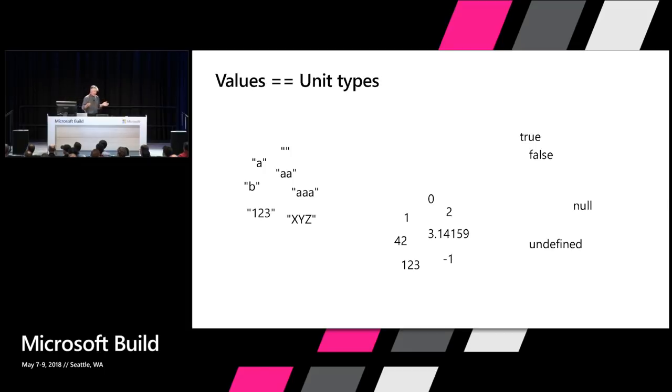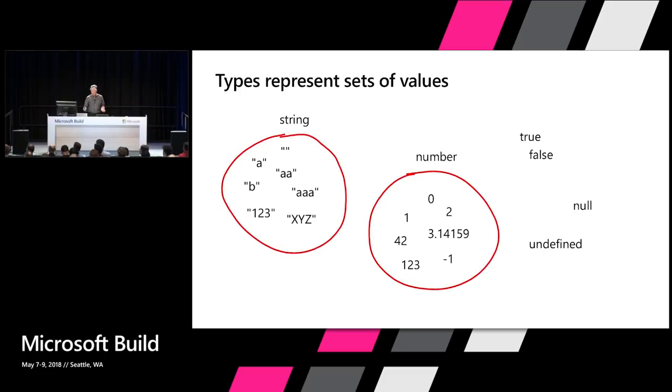Now, in TypeScript, all of these values are also types. There's a type called 42, and it has one possible value, the value 42. And these are called unit types, and everything comes from that. And then there are different categories of types. So the string type is actually all unit types that are strings, and the number category is all unit types that are numbers.